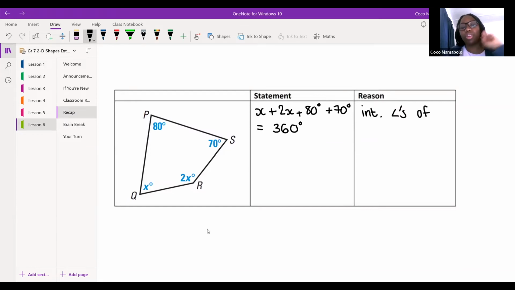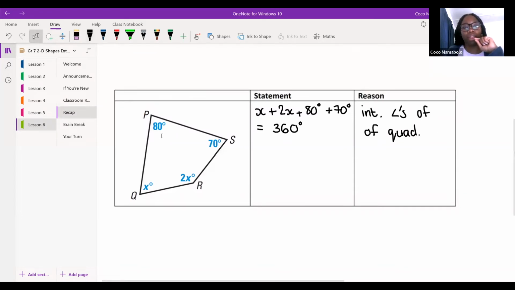Okay, good. Remember, you need to add in there that the interior angles of a quadrilateral add up to 360. So that quadrilateral part is very important, because if you just say interior angles of what? Yes, ma'am. Okay, excellent, but very well done, Luto.